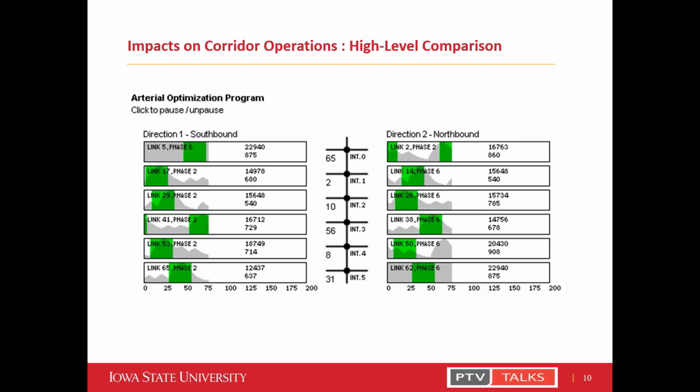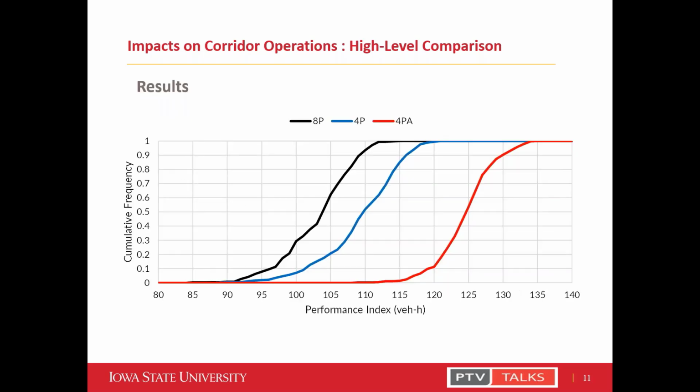For each randomly generated network, we optimized the cycle length, splits, and order of phases for each type of sequence, and modeled the results using Robertson's platoon dispersion model. The results obtained for 370 random networks show that the performance index, which includes delay and stops, is lowest under 8 phase, followed by 4P, with 4PA having the highest performance index.